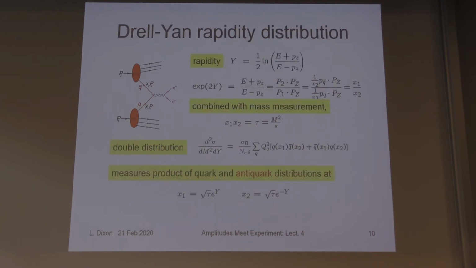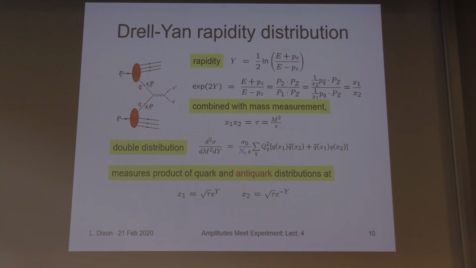Now there's another thing you can do in Drell-Yan. Well, there are actually multiple things you can do, but the next simplest thing you can do is look at the distribution of the vector boson in rapidity. Remember, rapidity was this longitudinal variable that involves the energy in the pp center of mass frame and the z component of the momentum of the vector boson.